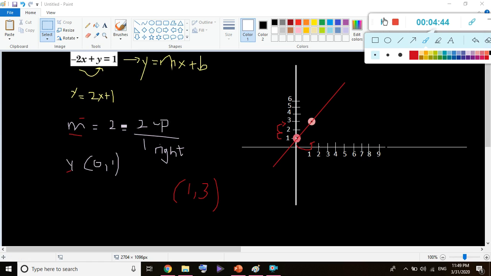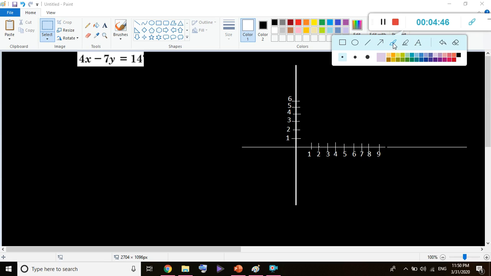Okay, let's try the other example that we have. Let's try graphing this. They're asking for a graph from this linear equation. We said we're going to move it to the slope-intercept form, which is y equals mx plus b. So we're gonna move everything away from y. First of all, we're gonna move the x over there.